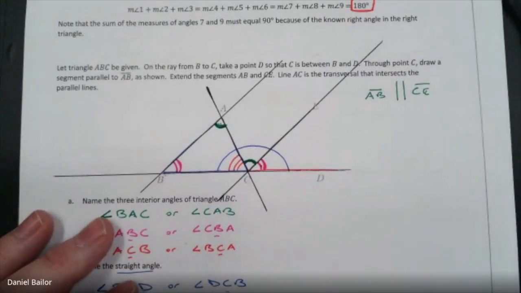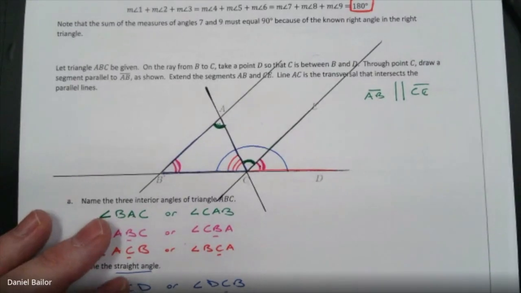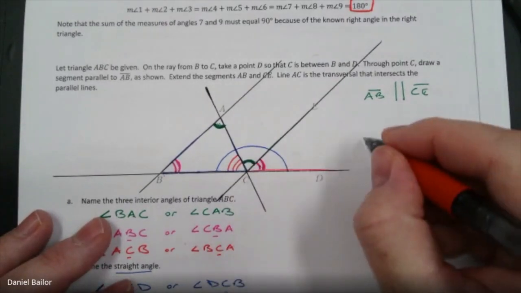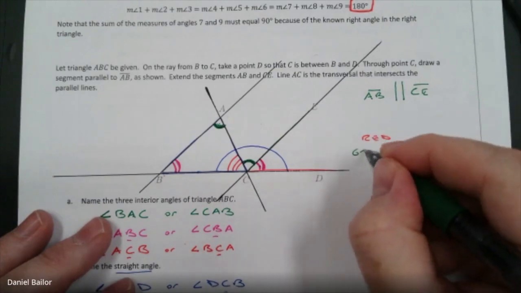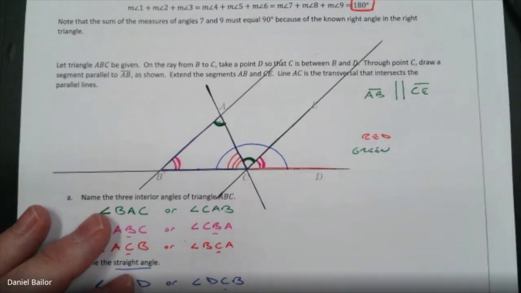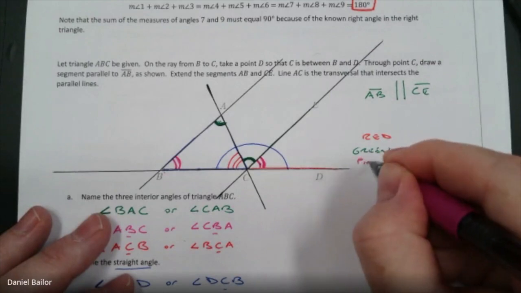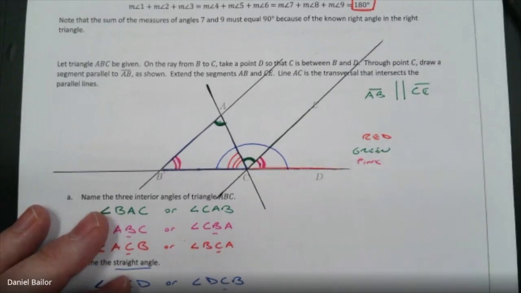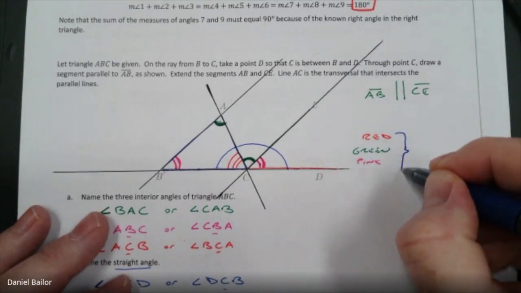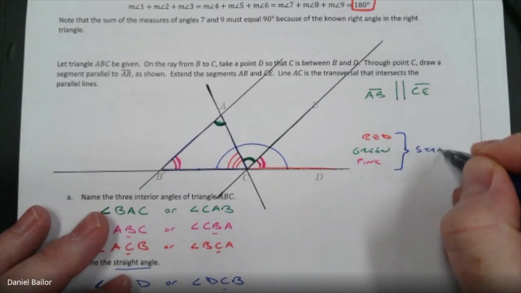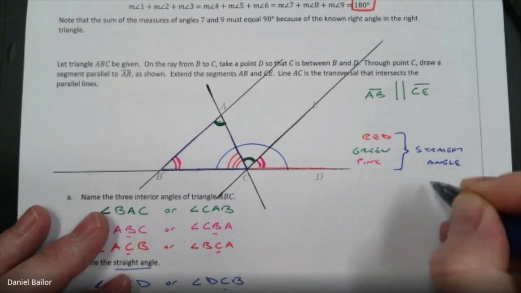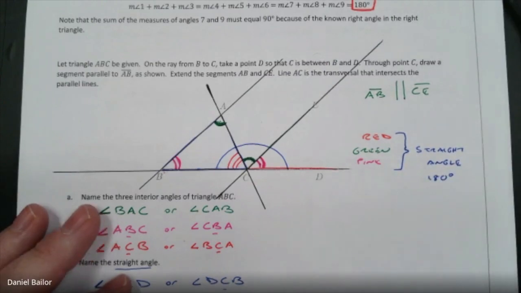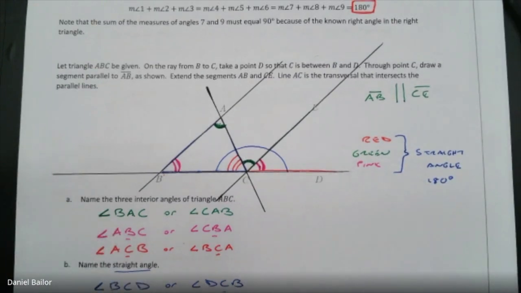Now, if I say that red, green, and pink together make the straight angle and 180 degrees, that shows us what happens with the triangle too.